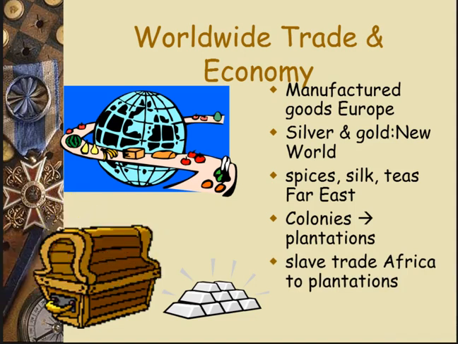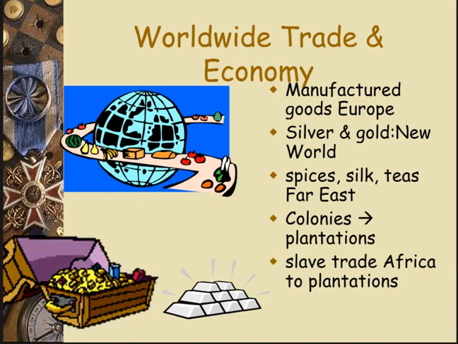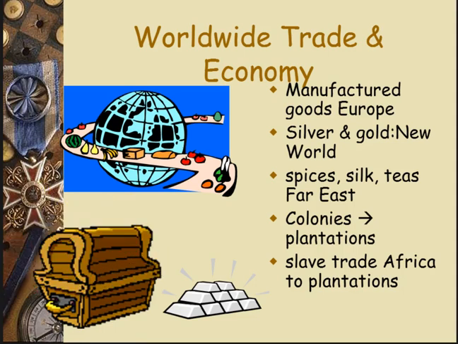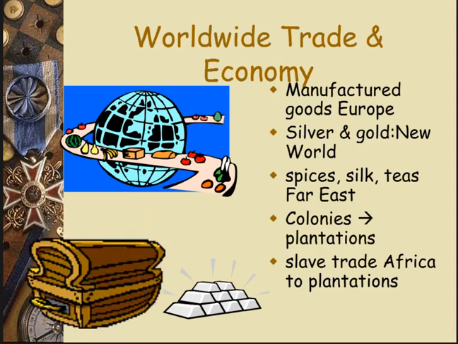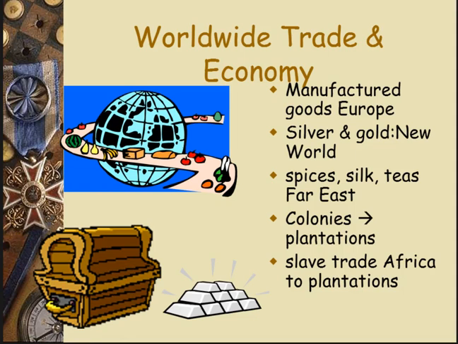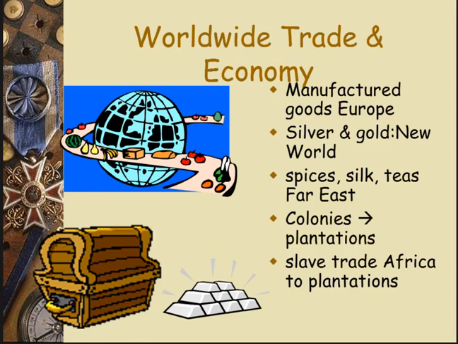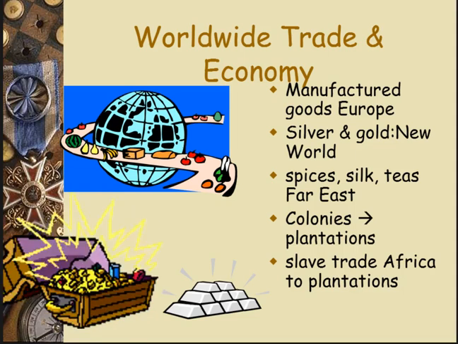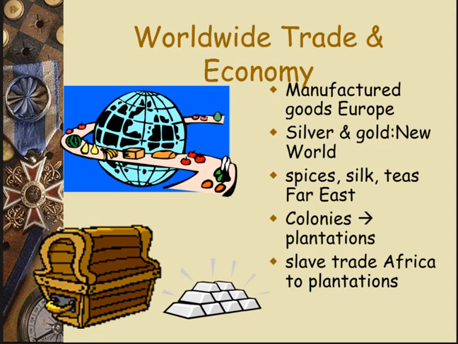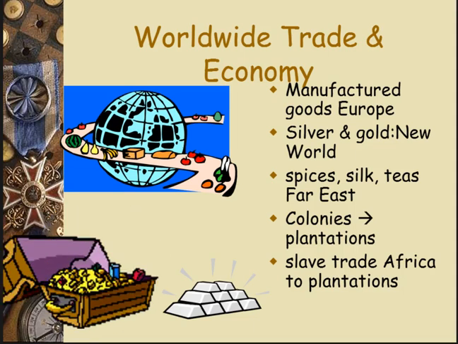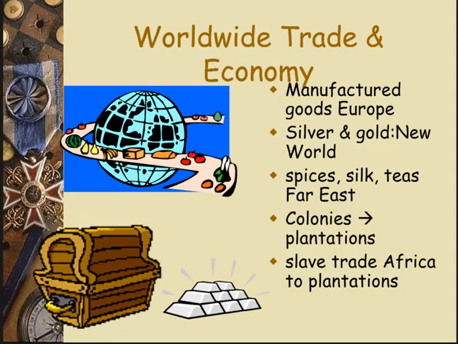All right, and so the other thing that begins to happen is that the Europeans begin to take over some of the land for plantations. Because guess what? A lot of this stuff that they want won't grow in Europe. Cotton does not grow in Europe. It's too cold. These spices do not grow.